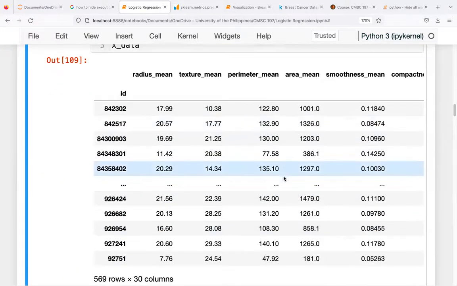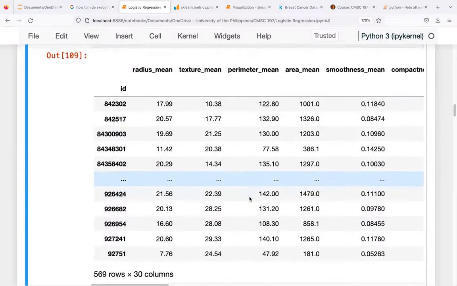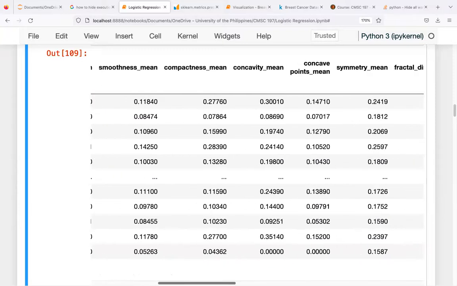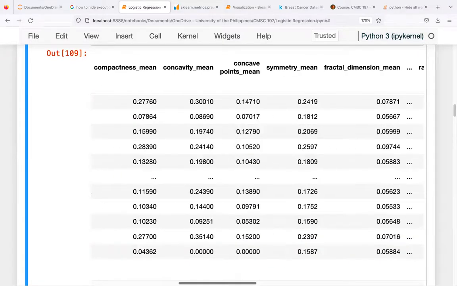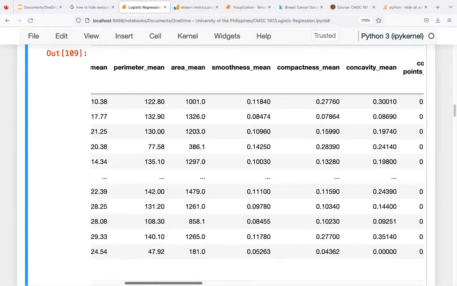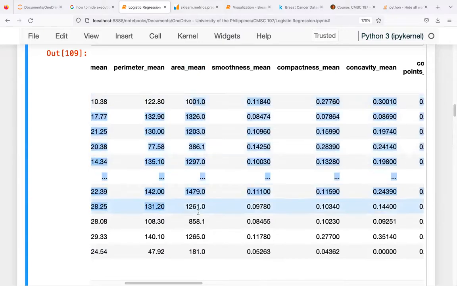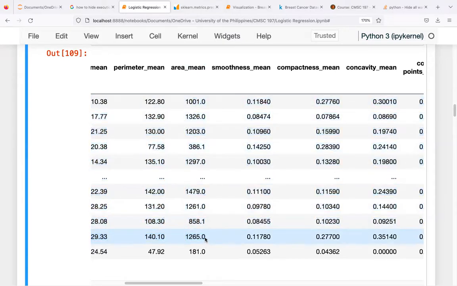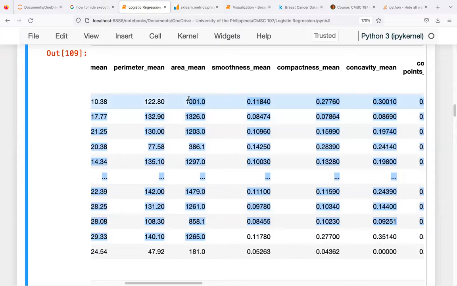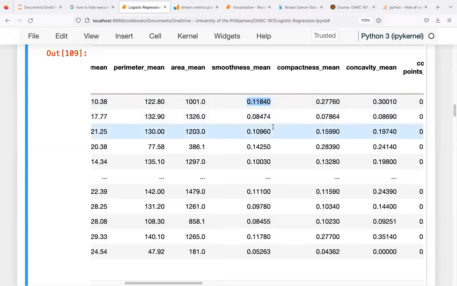Now the problem here is there are some columns that are of different scale. So suppose we have the area mean, and the area mean has values that are more than 1,000, right? And there are also features that have values less than 0.